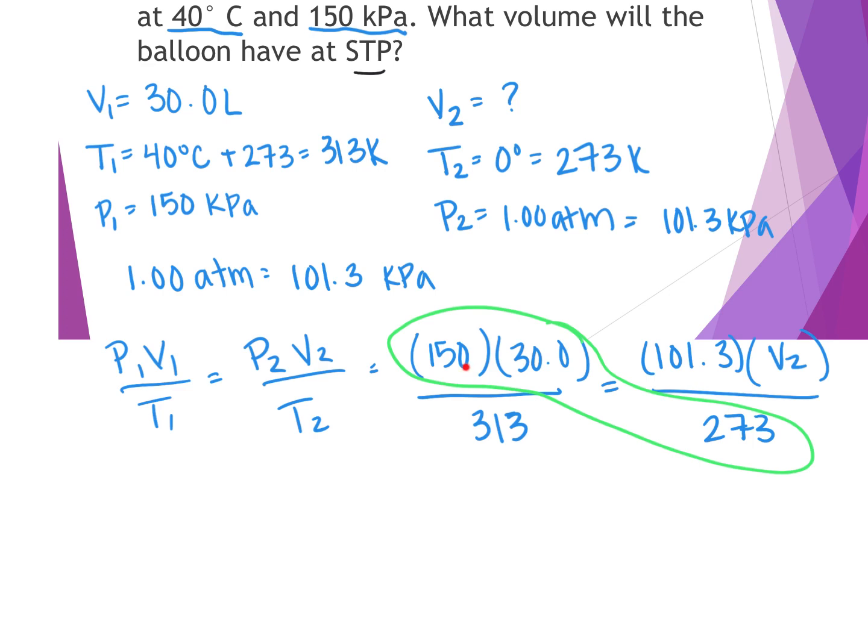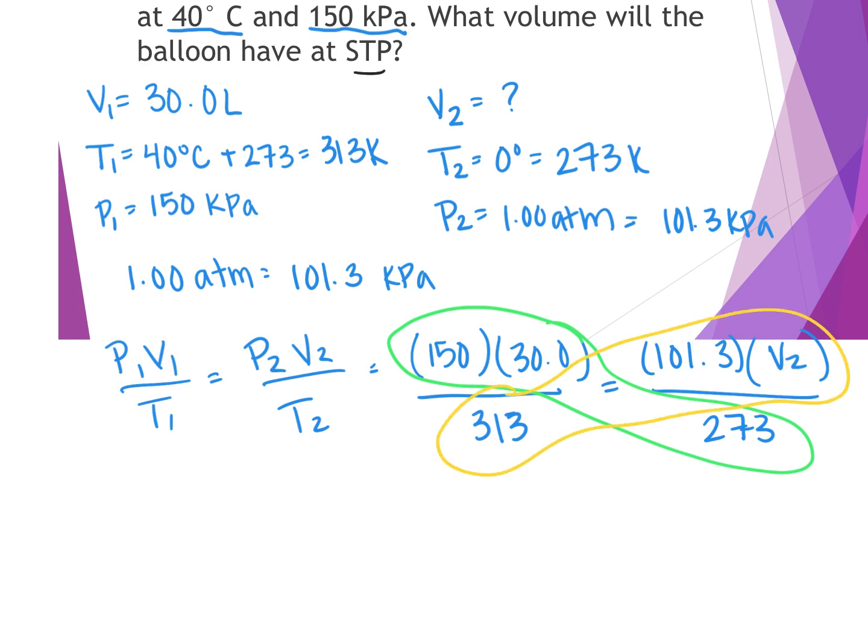So everyone take out your calculator. You're going to multiply 150 times 30 times 273. Okay, multiply those three numbers. 1,228,500. Okay, and you don't even have to clear that. So now you're going to go to the other diagonal.